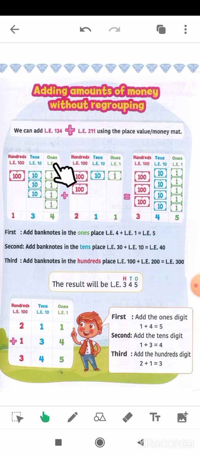So in ones we have 1, 2, 3, 4, 5, so we have 5 ones, and 4 tens, and 3 hundreds.